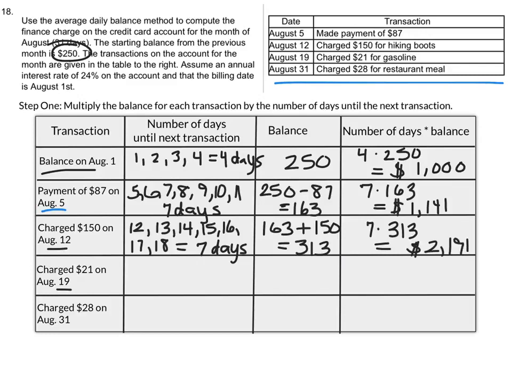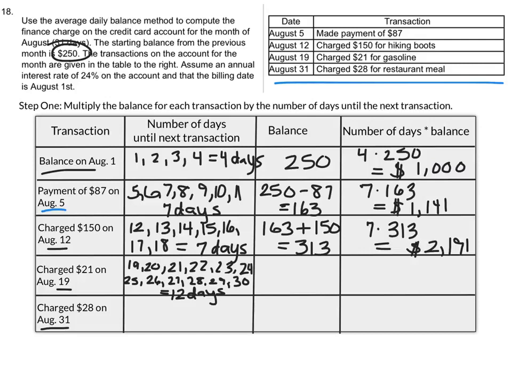Next, I charged $21 on August 19th. And the transaction after that was on August 31st. So I'm going to list the 19th through the 30th. When I count the number of days from the 19th to the 30th, I have 12 days. Now I'll compute the balance.